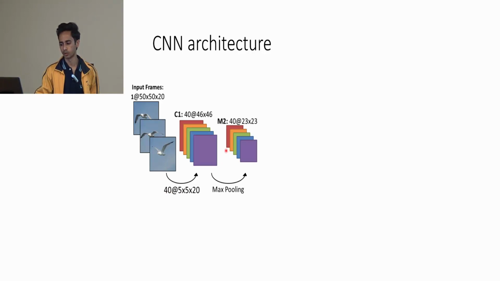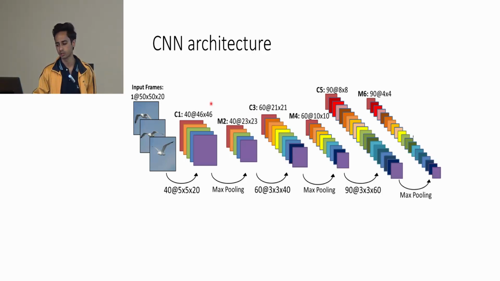Then they perform max pooling, but we see that in max pooling they don't use temporal pooling, so they only reduce the dimension spatially. This is followed by two other convolution and max pooling layers, and by the end we have 90 feature maps of size 4 by 4.